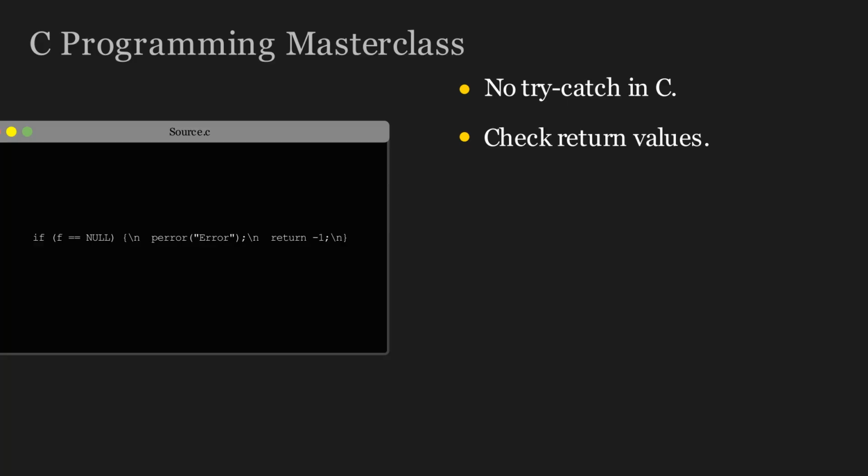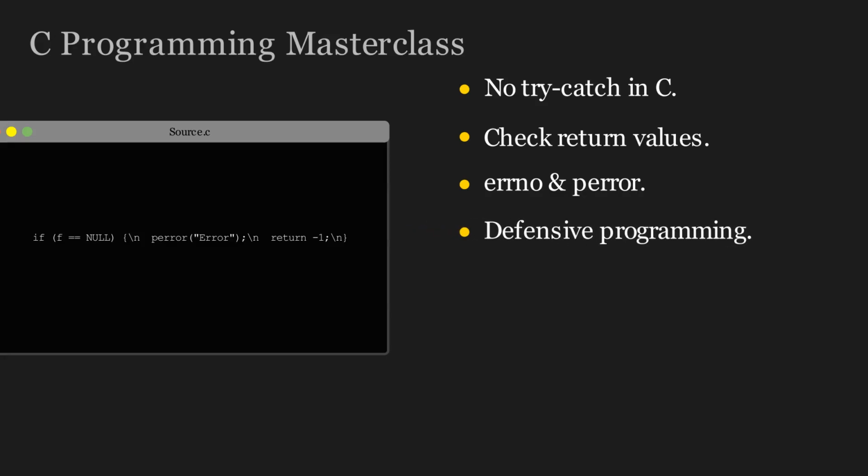As a C programmer, it is your responsibility to check these return values. We use if (file == NULL) to check for errors. We can then use functions like perror to print a human-readable error message explaining why it failed. Maybe the file didn't exist, or you didn't have permission. Ignoring error checking is the number one cause of unstable C programs.